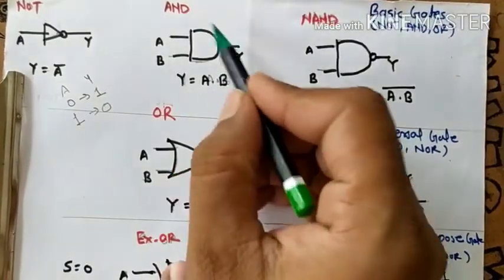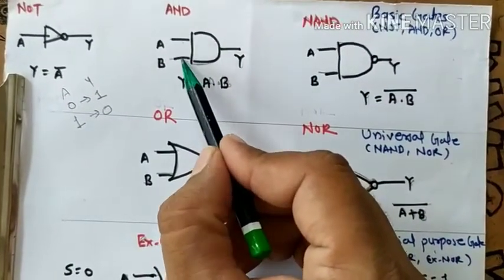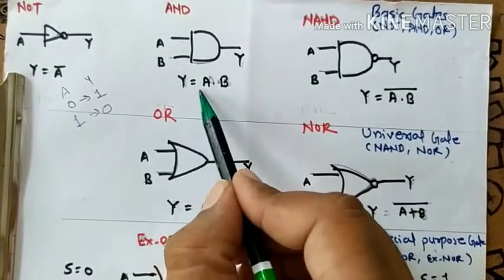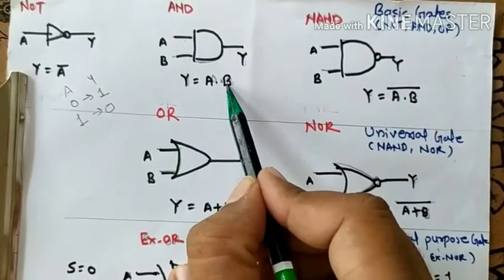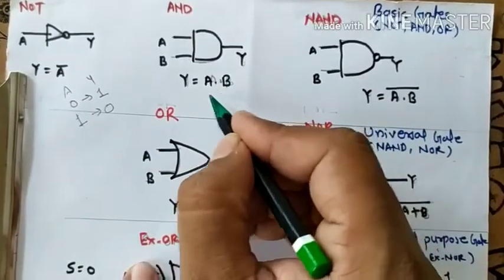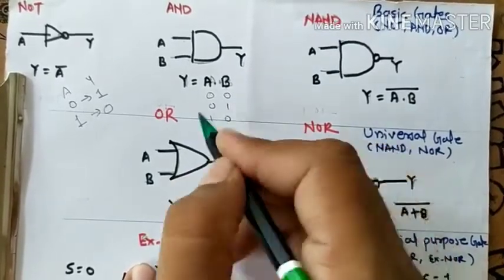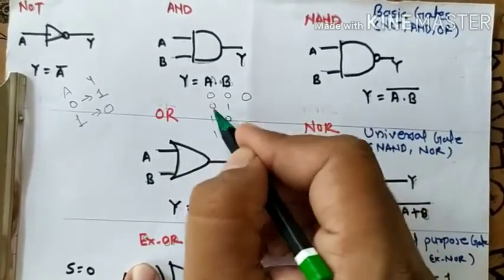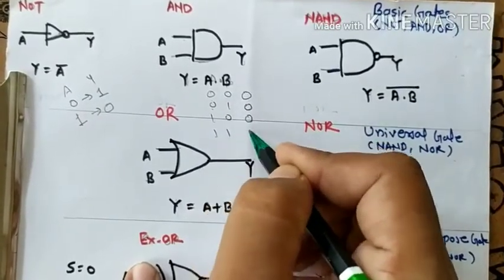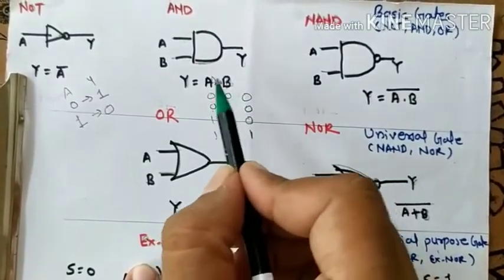See here, this is the symbol of the AND gate. The AND gate has two inputs, input A and input B, and the output is Y. The expression of the AND gate is Y is equal to A into B. For example, if the inputs A and B are 0 0, 0 1, 1 0, 1 1, the output will be 0 into 0 is 0, 0 into 1 is 0, 1 into 0 is 0, 1 into 1 is 1. It multiplies the two inputs.